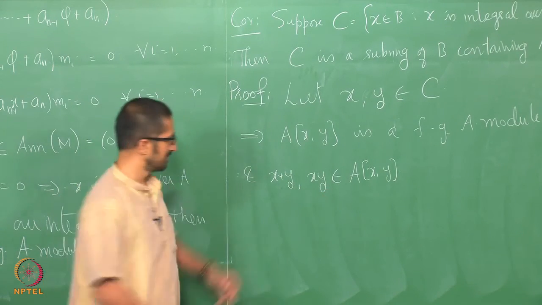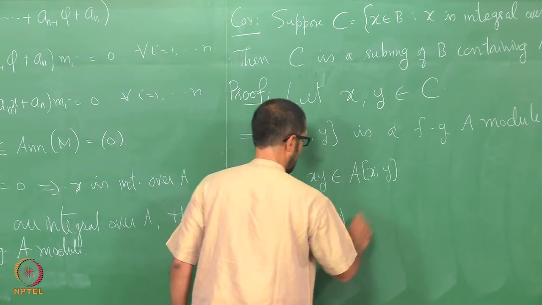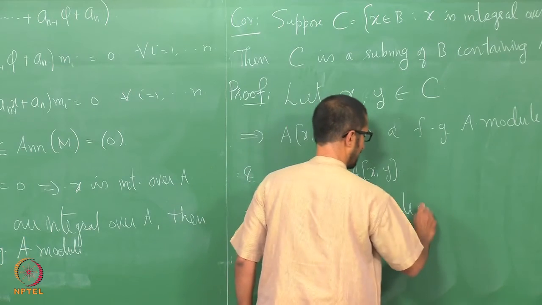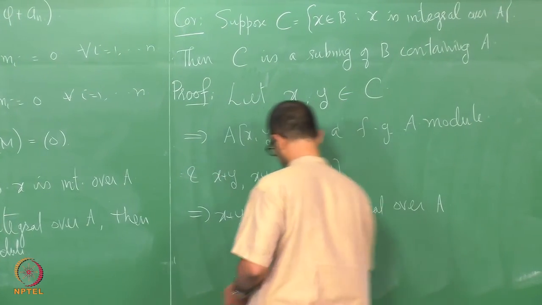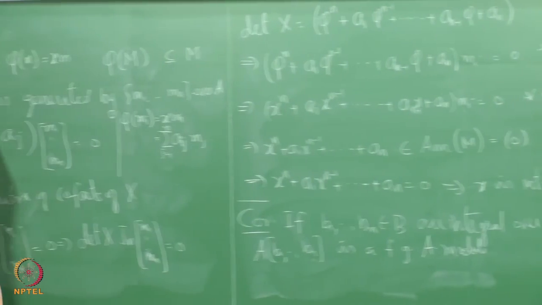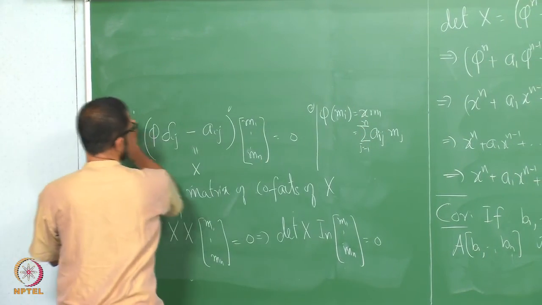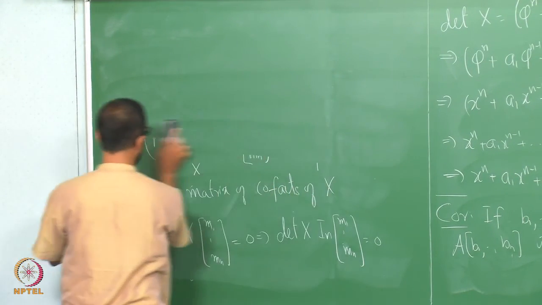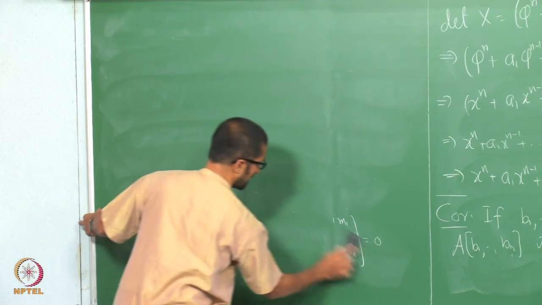Therefore, x plus y and xy are integral over A. So, that proves that it is a subring. So, the collection of all integral elements of B over A is a subring.